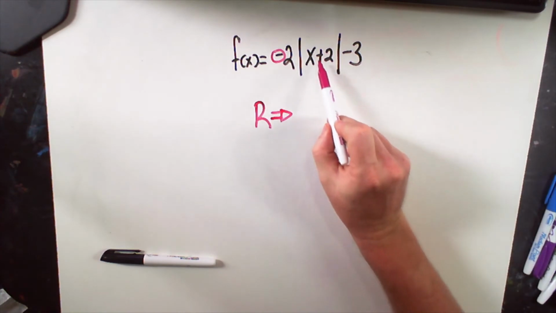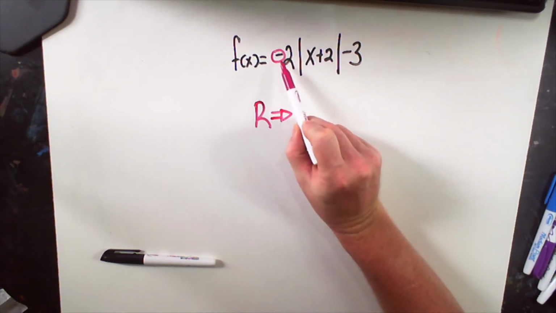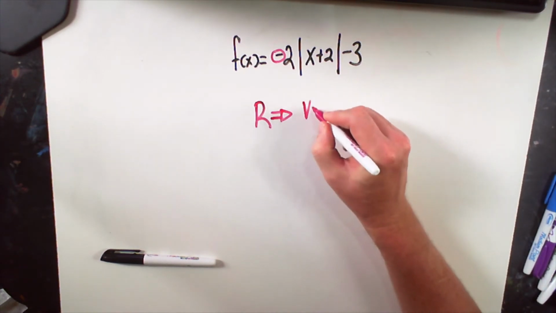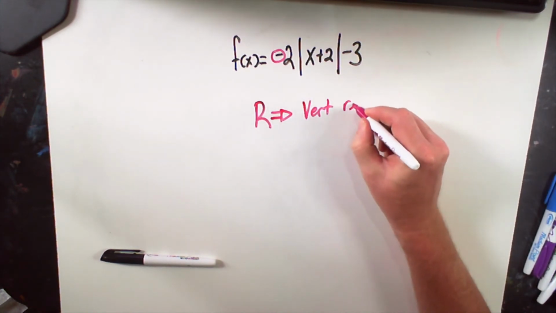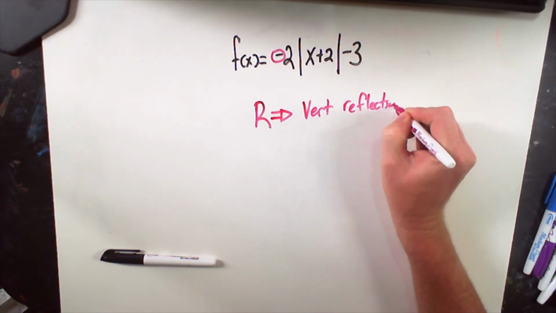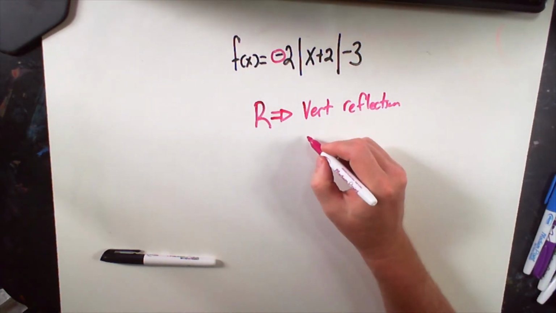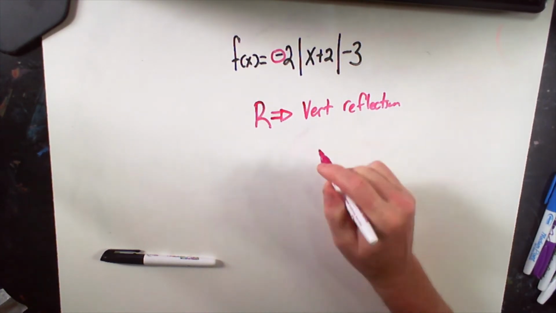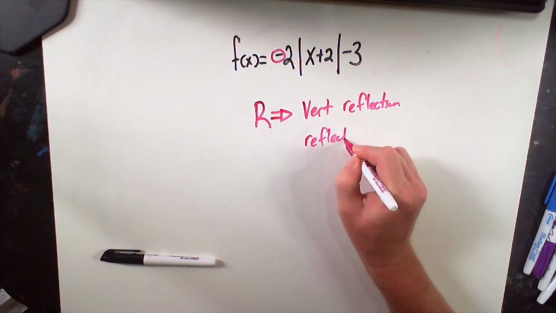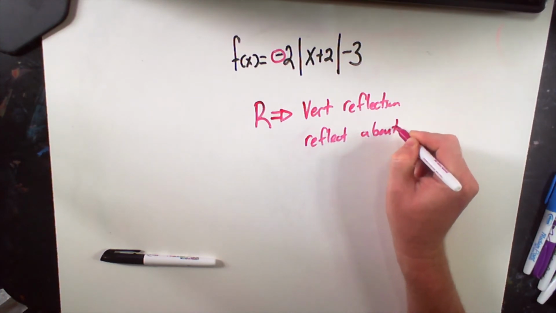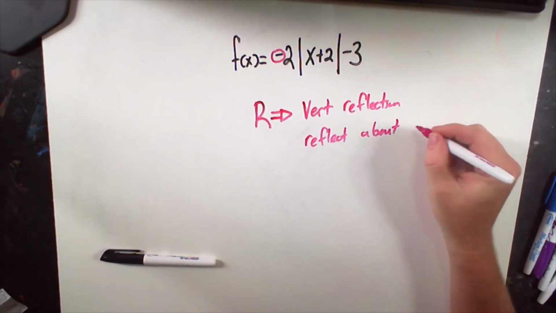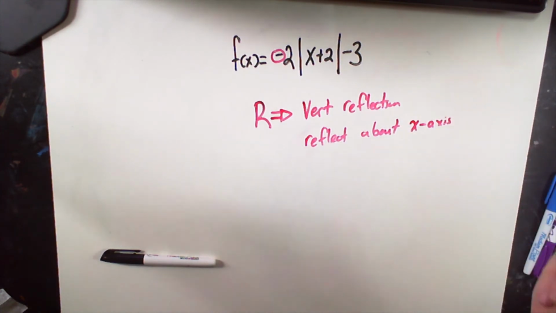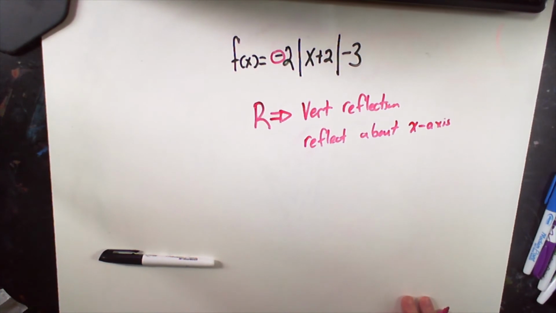Remember, if it happens outside of the function, that tells us that it is a vertical reflection. We also can call that reflection about the horizontal line, because it flips vertically, so it's a reflection about the x-axis. In other words, it used to open up, now it's going to open down.